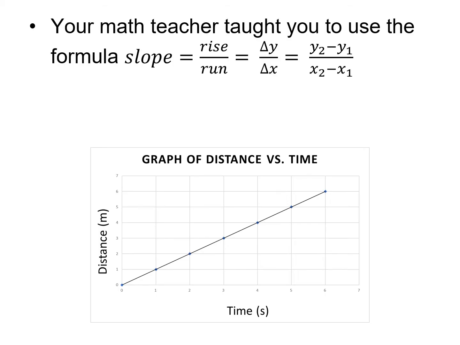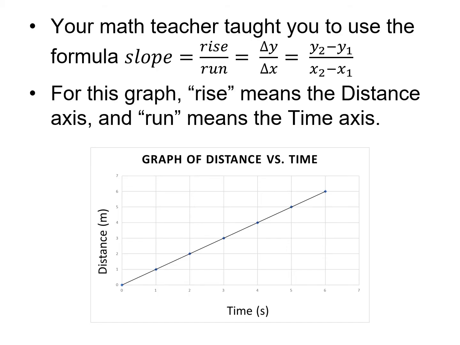In math class, we would label the two axes x and y, and so the rise would be y-axis, and we would look at the change in y as a numerator. The run would be the x-axis, and we would look at the change in x. For this particular graph, instead of using x and y, we can use the actual terms, distance and time. The vertical or rise axis is distance, and the horizontal run is time.